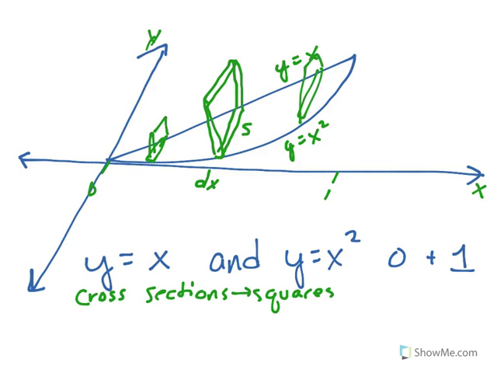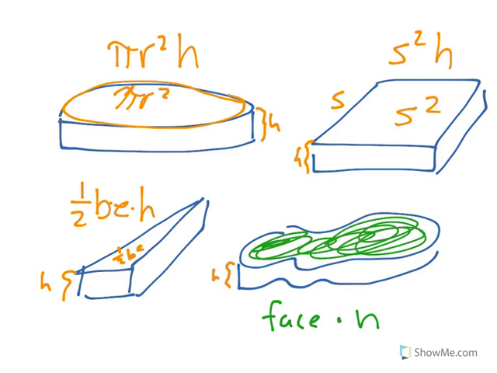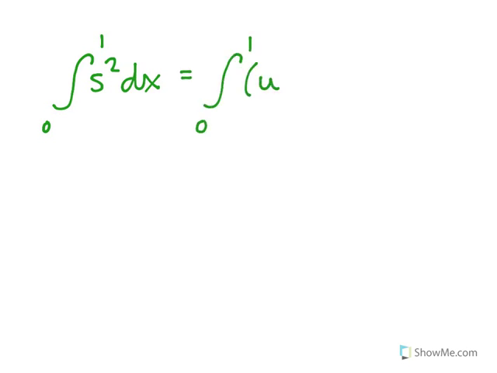So what I'm going to do is flip to a new page here. So for this problem, I'm doing the integral from 0 to 1 of s squared dx. I know that s is going to be equal to upper minus lower squared dx, much like in the other problems that we worked on.